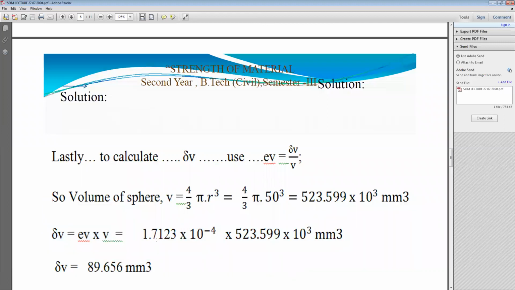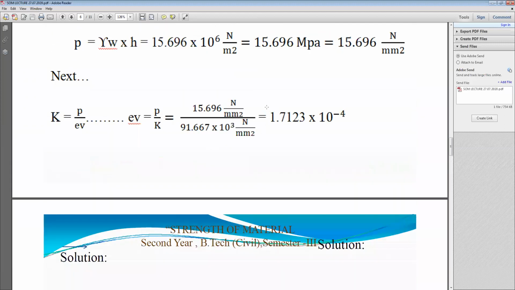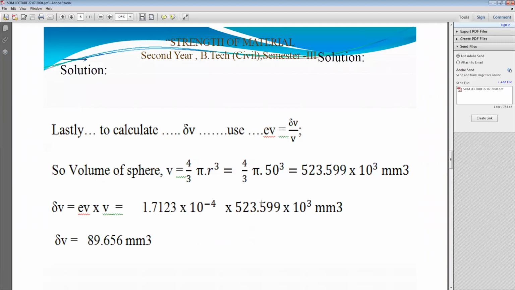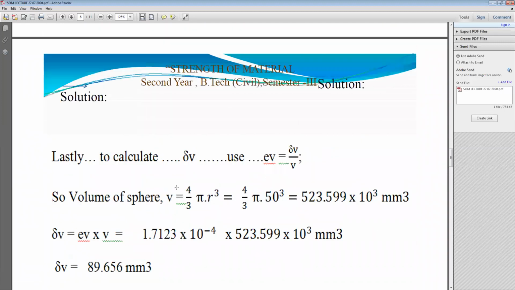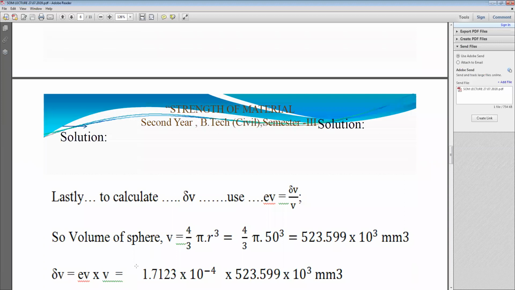So EV is equal to 1.71 × 10^-4. Take it here: 1.71 into 10^-4 into 523.599 × 10^3 in terms of mm cube. As mm cube represents the volume of that sphere, delta V also has the unit mm cube.